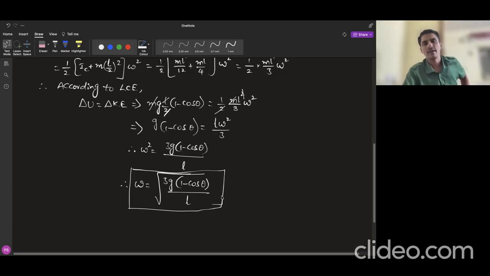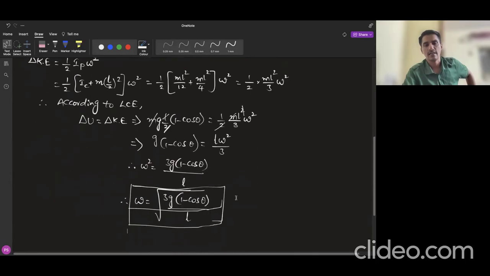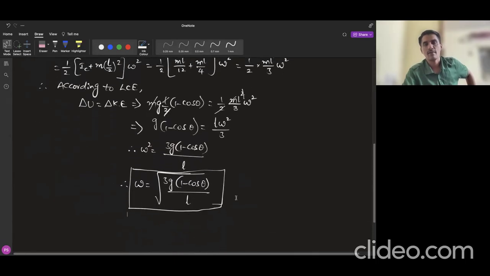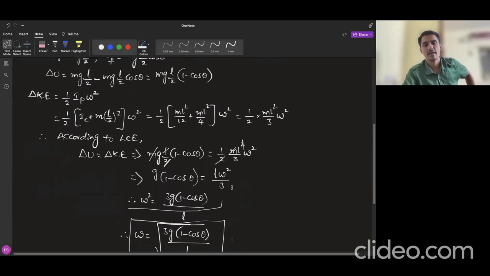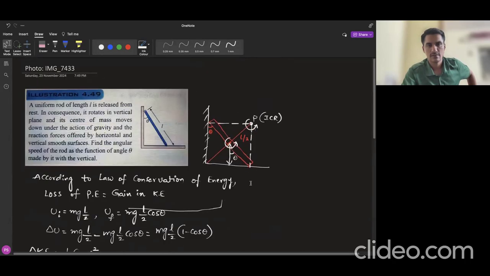See how we are finding out the angular velocity by applying law of conservation of energy here. And while we are applying law of conservation of energy, we are taking the instantaneous axis of rotation, with respect to instantaneous axis of rotation, we are calculating that, right? Kinetic energy.